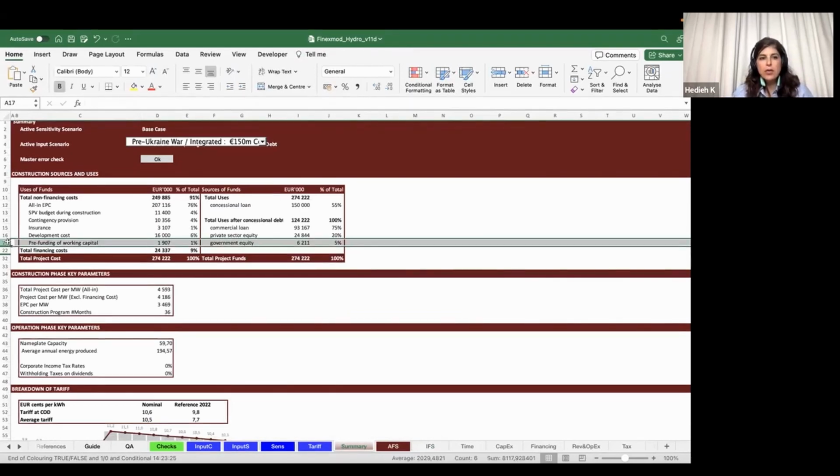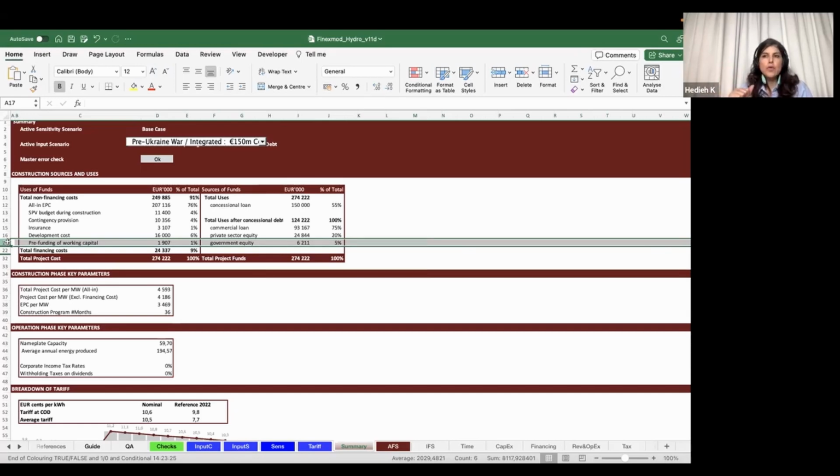As you can see here in this project as well, we have 1.9 million, which is pre-funded working capital. In the last months of construction, they will set up this account, put this money in it, lock it and release it in the first operating year when the cash is needed. The amount is also another topic of discussion among lenders and sponsors: how are we going to size this pre-funding of working capital?